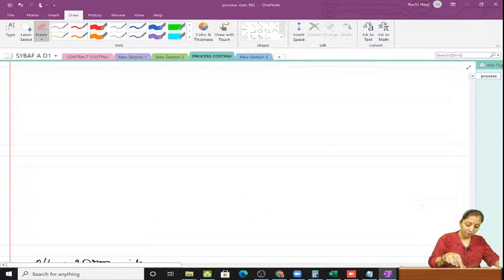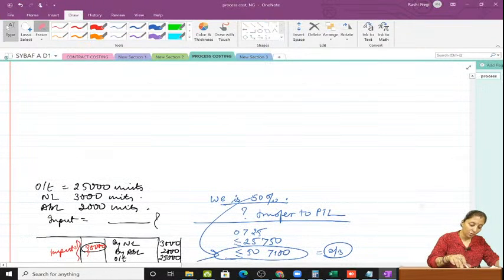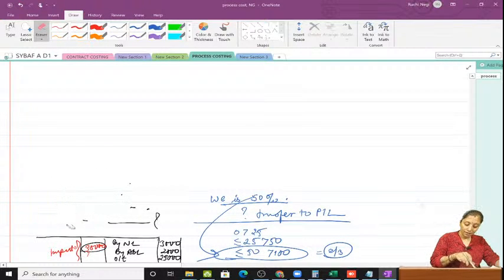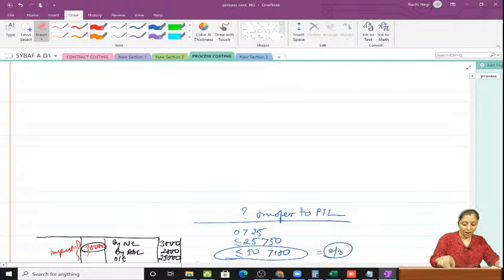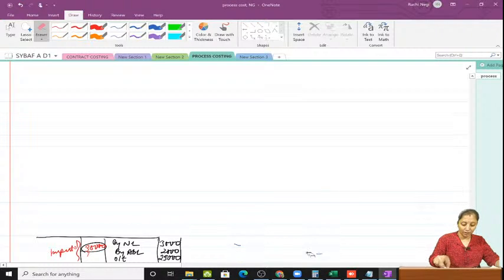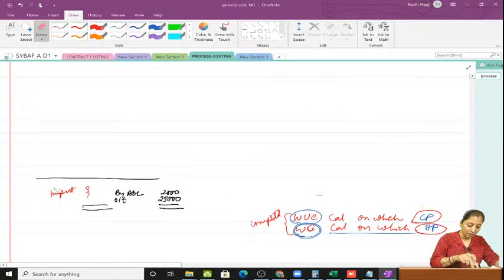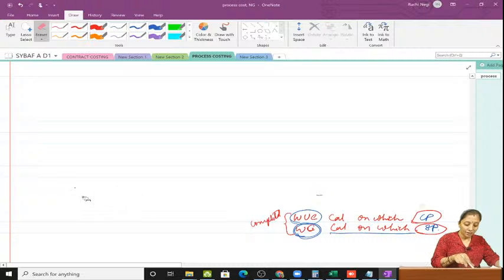And don't forget, in process costing, abnormal loss and abnormal gain are calculated on cost price. And your output is also calculated on cost price. You know, I told you how to verify the answer: the cost price of your abnormal loss or abnormal gain and the cost price of your output should match.